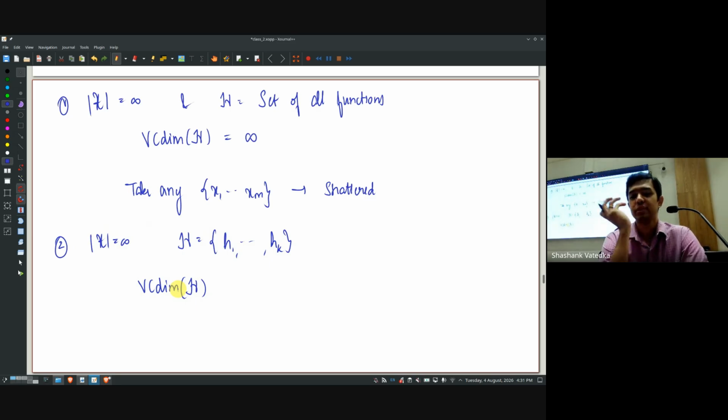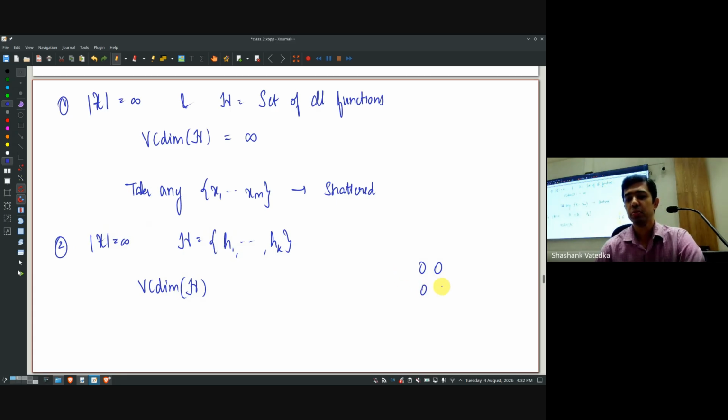Here's a hint which almost answers the question. Using K functions, how many distinct configurations can I generate? How many distinct labels can you generate? There are K distinct labels that I can generate, no more than K. Let's say I have 3 functions in my hypothesis class, and I take any 2 points, x1, x2.